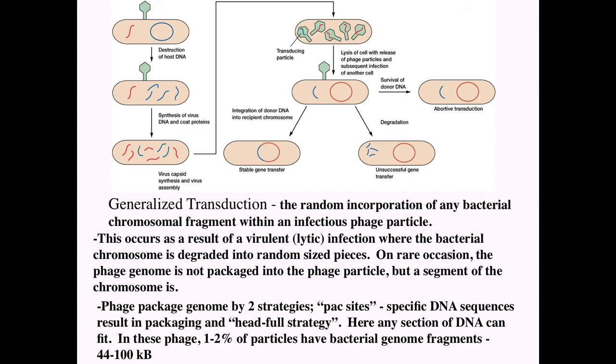There are two basic strategies by which virtually all bacteriophage put, hopefully from their point of view, their own DNA into the virion and not a piece of bacterial DNA. So they use a strategy known as pack sites, or packaging sites. These are specific DNA sequences that are unique to the viral genome.